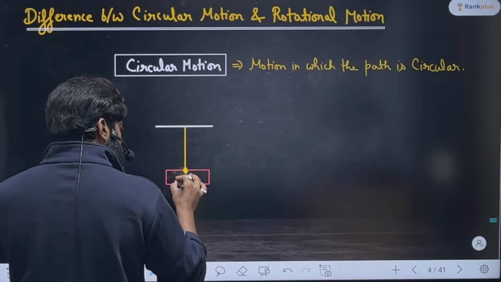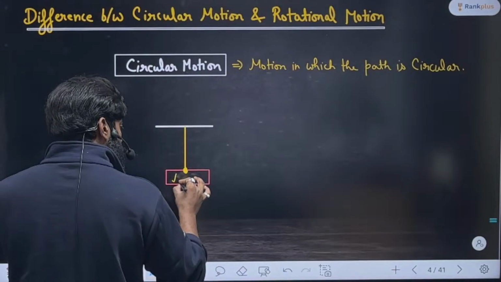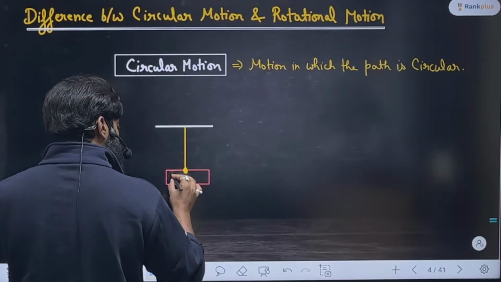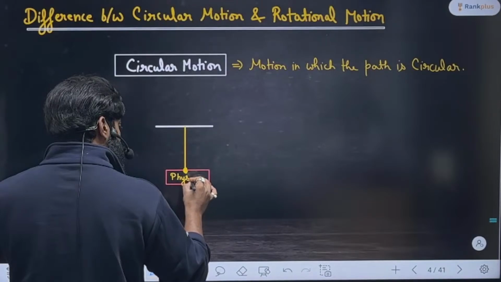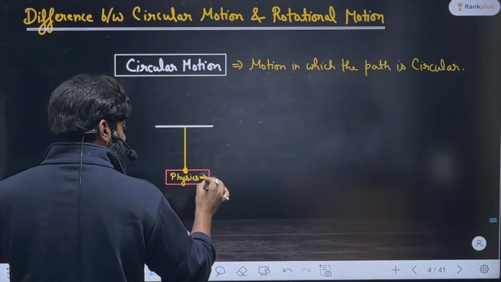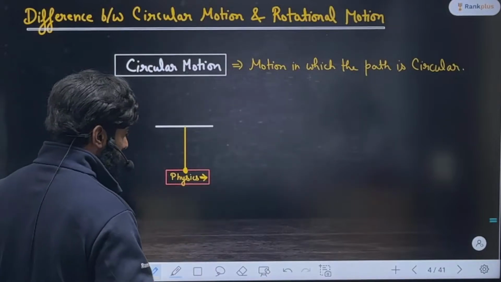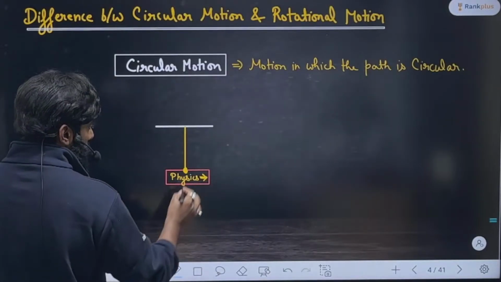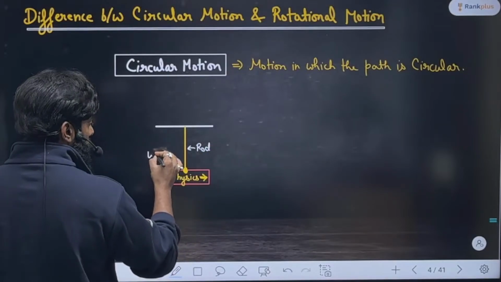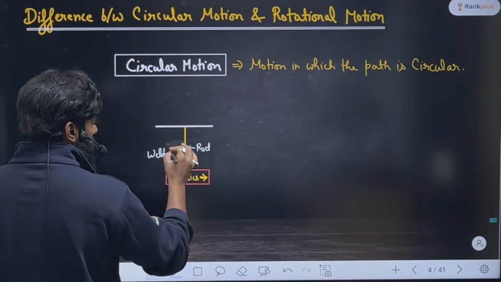Let me take one thing. There is a board on which I have written physics, and there is an arrow on this side. This is a rod, and we have welded this rod to the board.